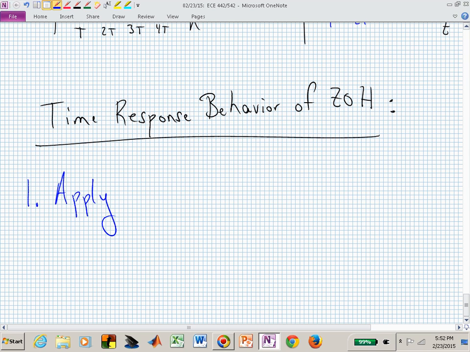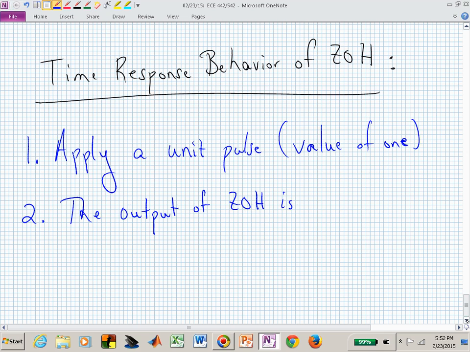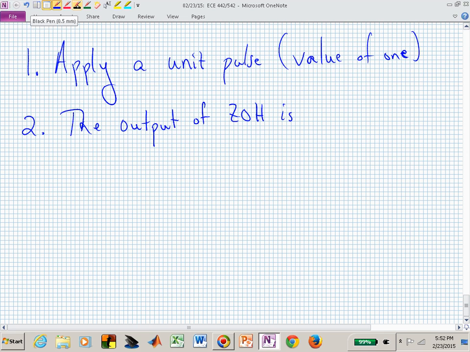Let's just look at applying a unit pulse to this device that we're calling a zero-order hold. What's the output of that zero-order hold going to look like as a function of time?